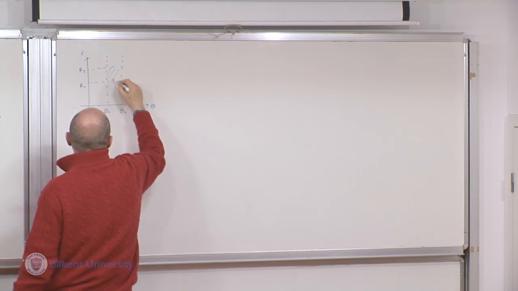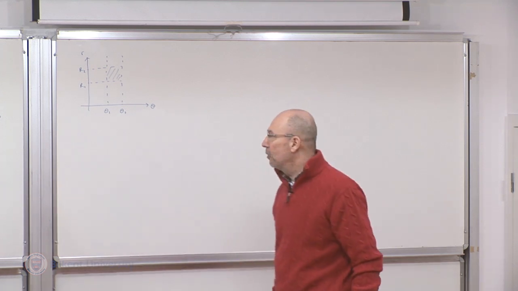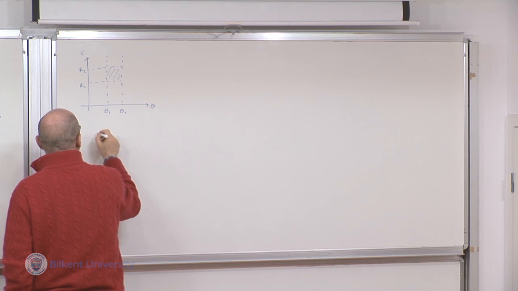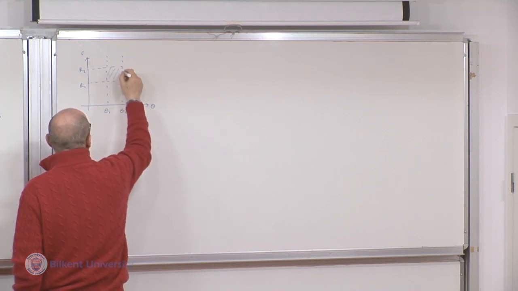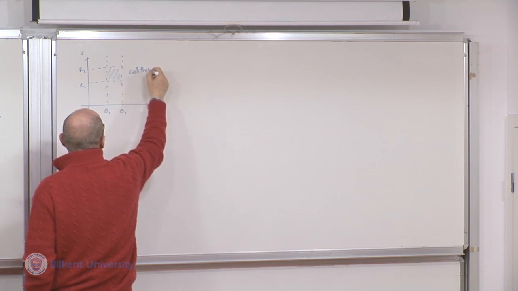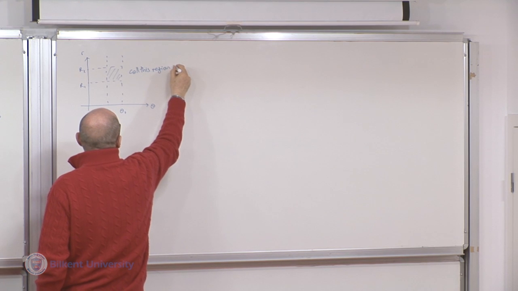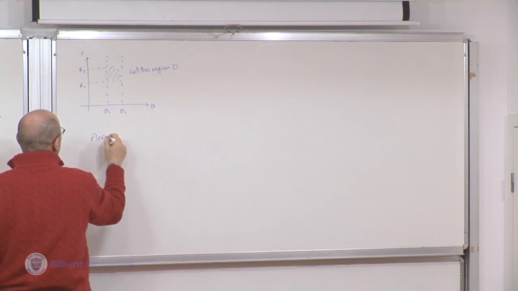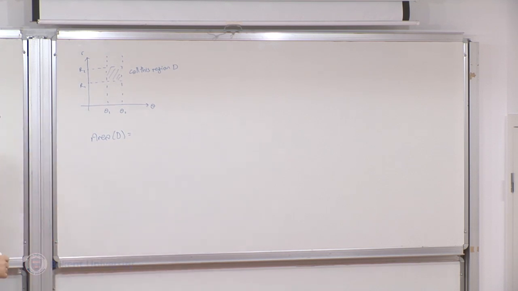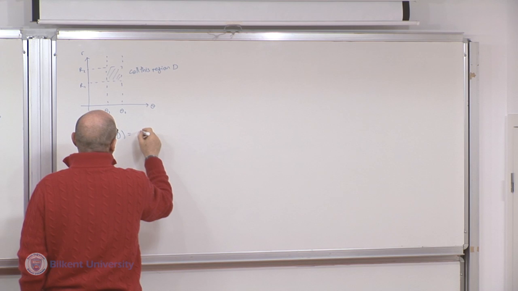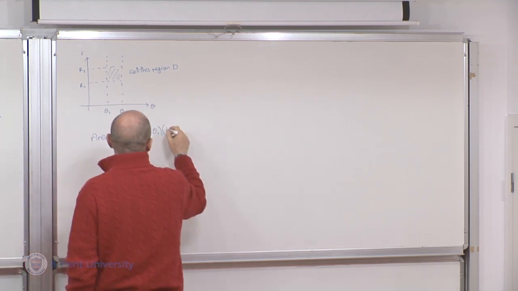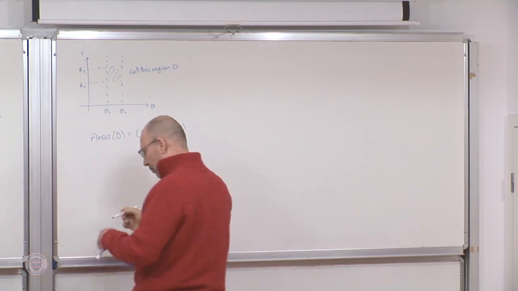Let us look at the area of this region. Let's call this region D. The area of D is, from the figure, theta 2 minus theta 1 times r2 minus r1.